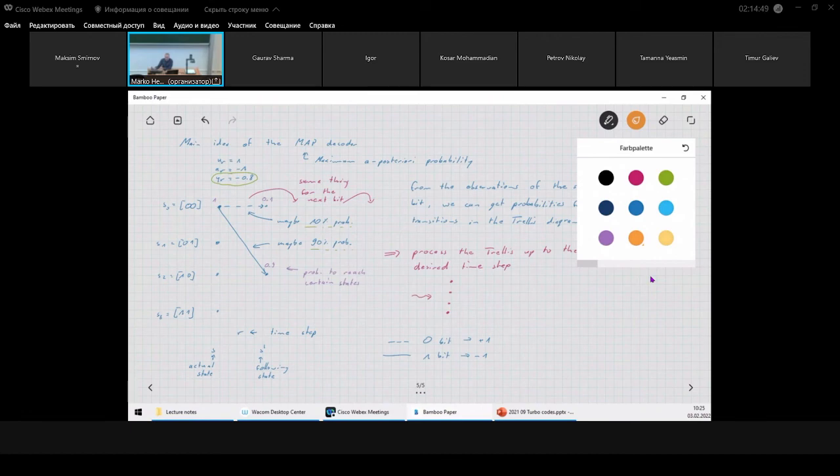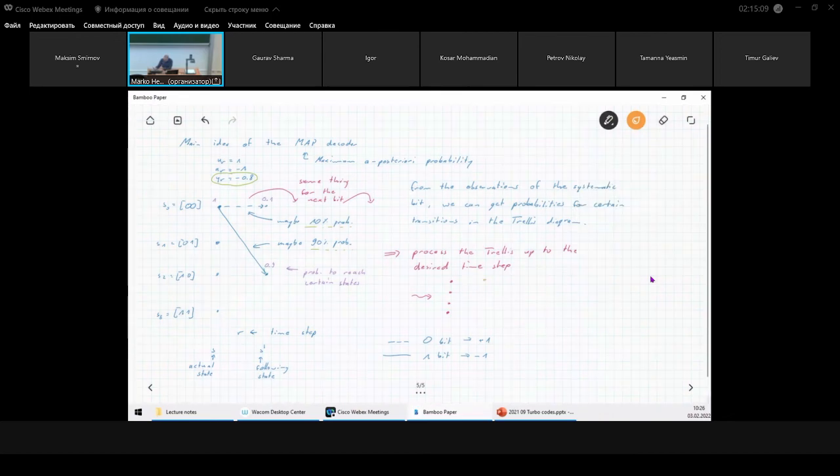As we use a terminated code here, we know at the end we will also have the 0 state. So in the same way, we process the trellis from the back, looking at the 0 state at the end, the noisy observation that we had before, and from this we can calculate the probability of the states before.